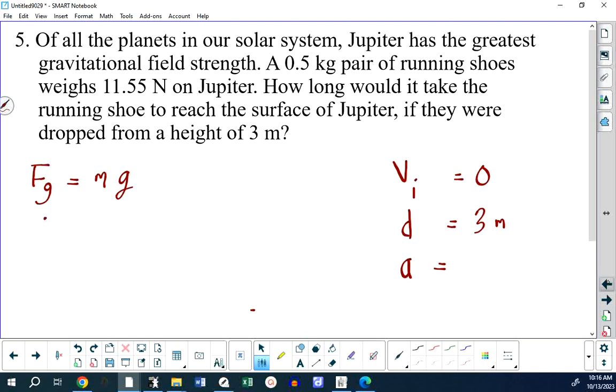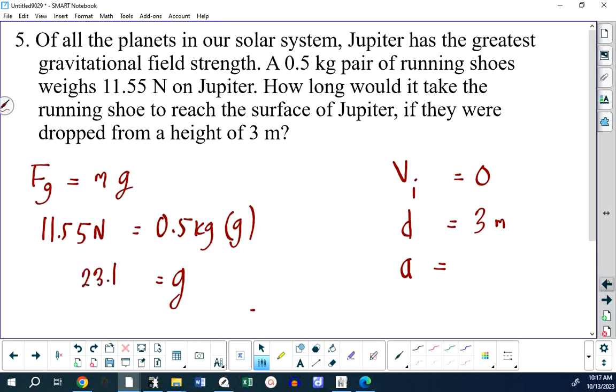So this is 11.55 newtons equals the mass of 0.5 kilograms times g. When you get g, you should be getting 23.1 newtons per kilogram by my count.